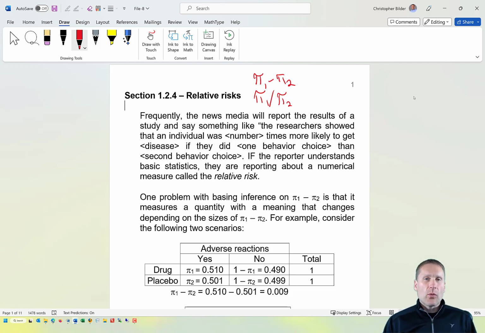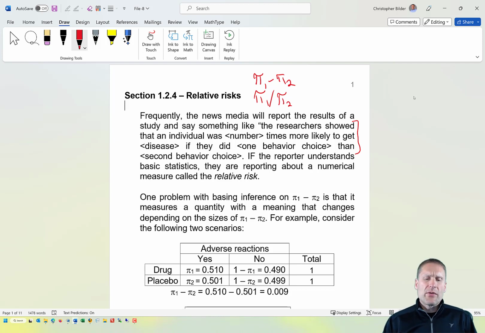Now, one place where probably all of you have seen the relative risk used in practice, although maybe it wasn't referred to as a relative risk, is in the news media when some kind of scientific study, often some medical study, is stated. So, for example, probably all of you have heard something like this said by a reporter.